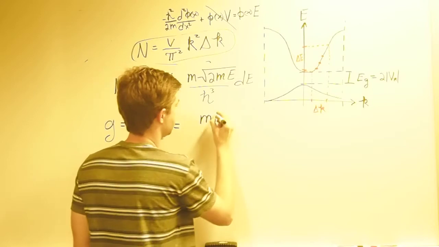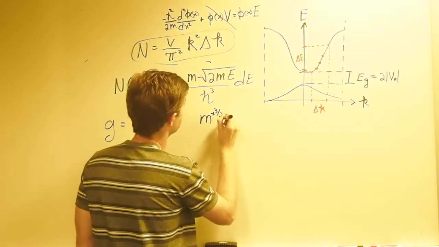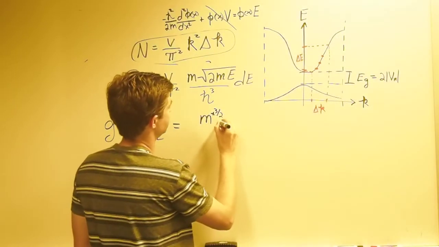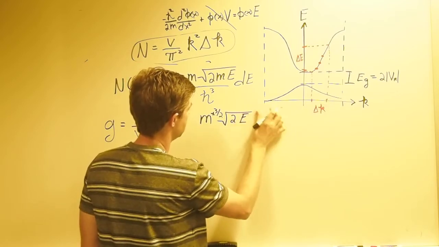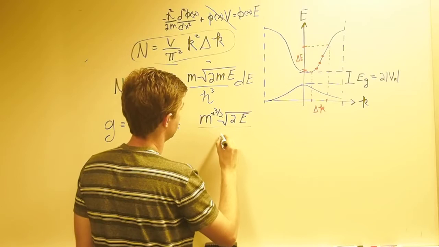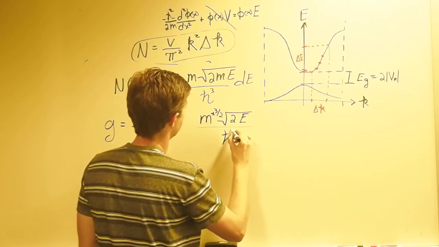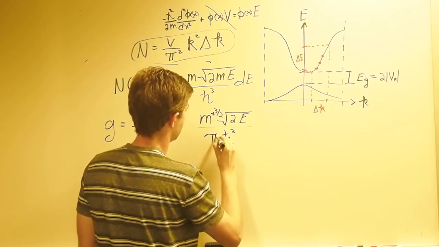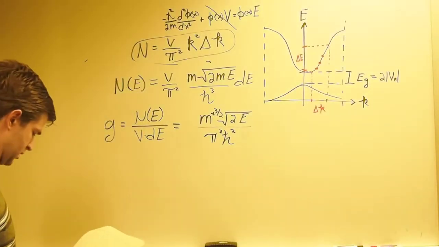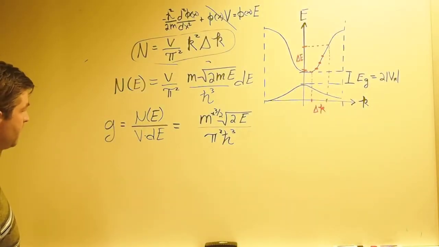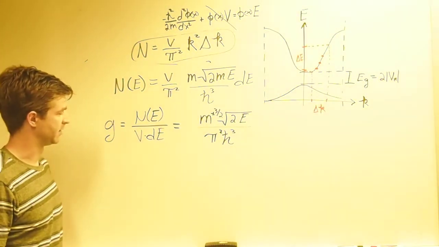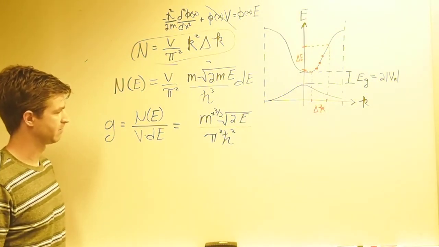So we're going to call this m star to the 3 over 2, times 2E over h bar cubed pi squared. That's the density of states in 3 dimensions.